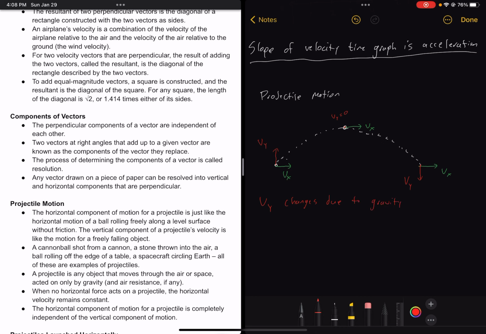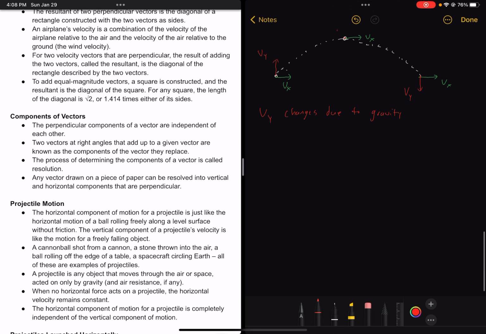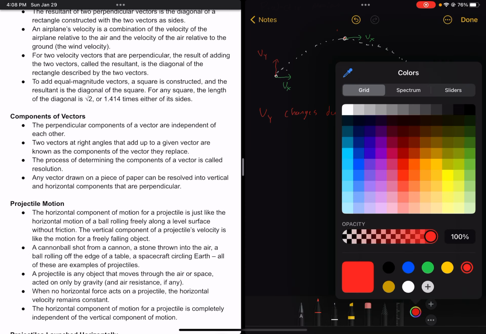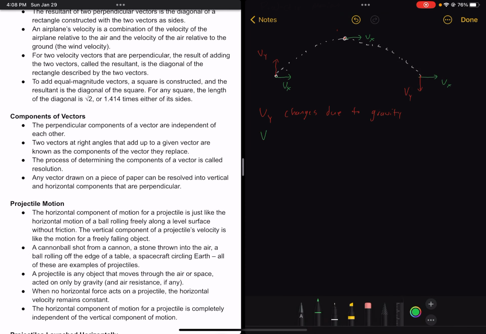So remember, gravity is the acceleration that all objects in free fall experience, they accelerate at a rate of 10 meters per second per second. So obviously that's going to change your vertical velocity, but your horizontal velocity doesn't change, right? So Vx doesn't change.